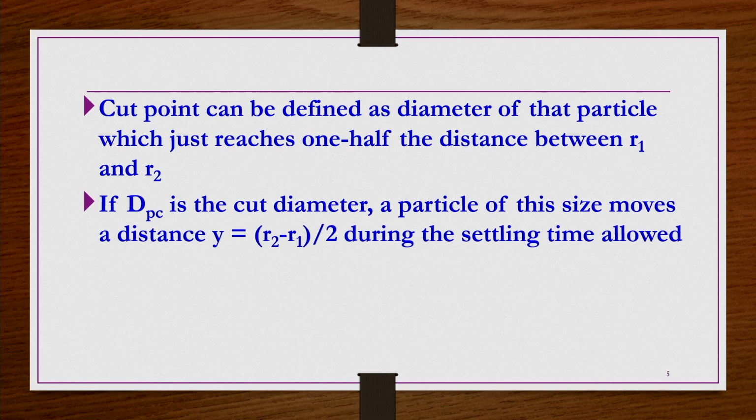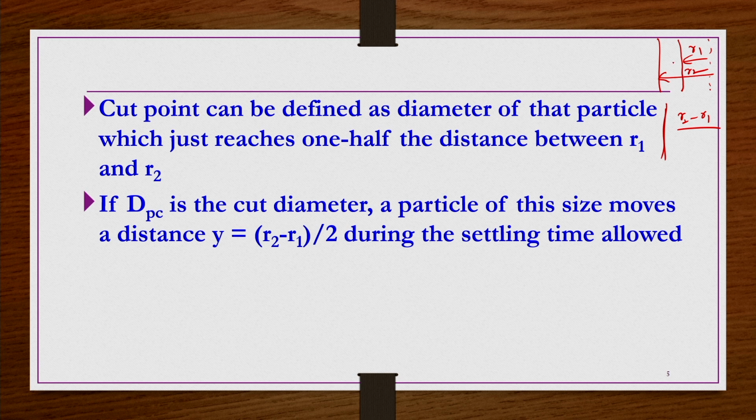So, if dpc is the cut diameter, a particle of this size moves a distance (R2 minus R1) by 2 during the settling time allowed as per this definition. The distance between R1 and R2 is R2 minus R1 according to the schematic: this is the center of the axis, this is the liquid surface, this is R1, and this is the bowl radius R2.